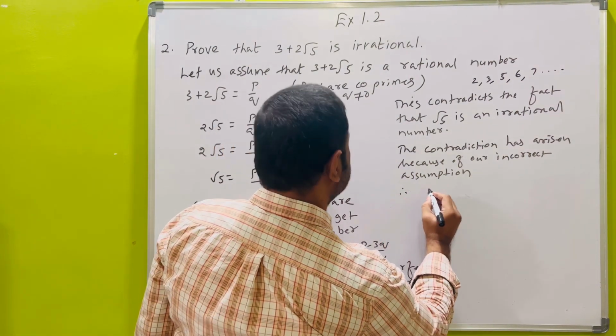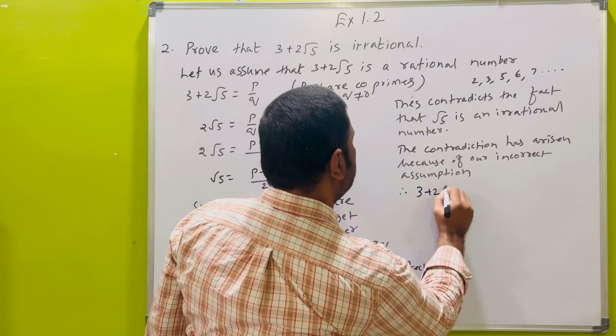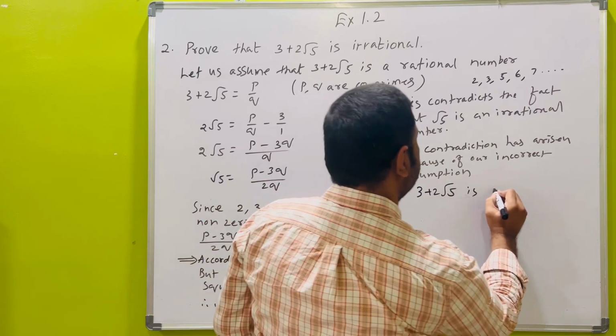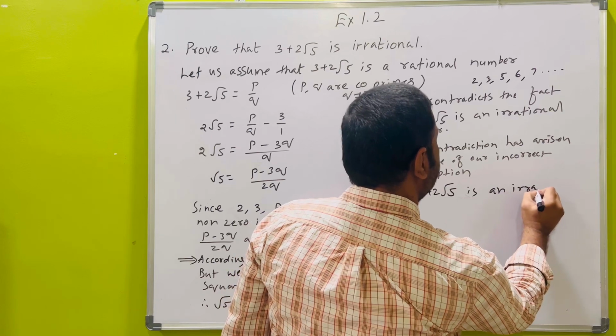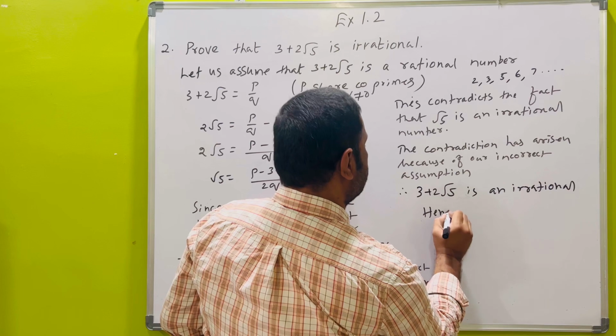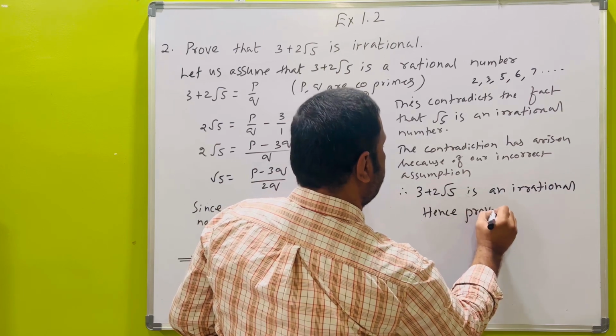Therefore, 3 plus 2 root 5 is an irrational number. Hence, proved.